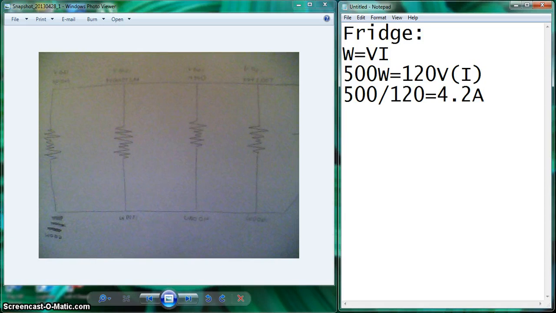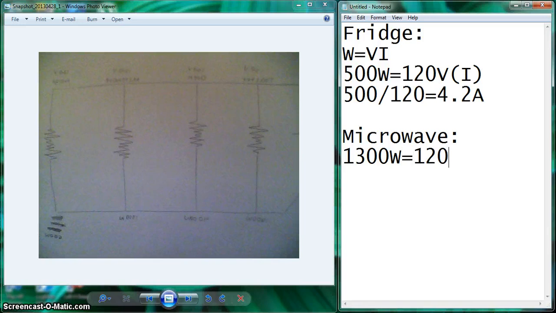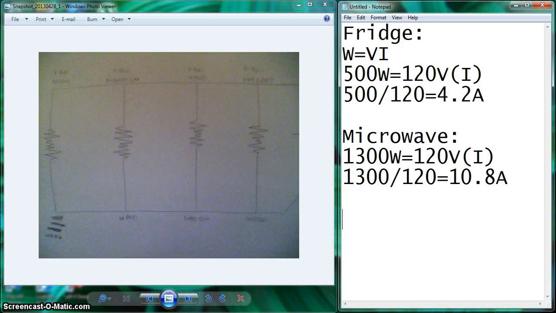So we'll do the same thing for the microwave. The microwave is 1300 watts, which equals 120 volts times I. So you do 1300 divided by 120, which should equal about 10.8 amps.